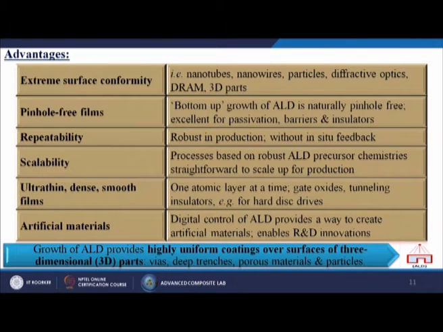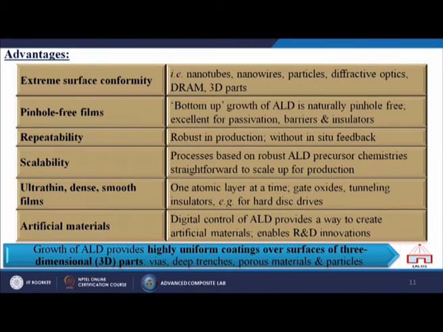So, there are several kinds of things we can do by these ALD techniques. Artificial materials, the digital control of ALD provides a way to create artificial materials and enables R&D innovations. Growth of ALD provides highly uniform coatings over the surface of 3-dimensional parts via deep trenches, porous materials and particles.